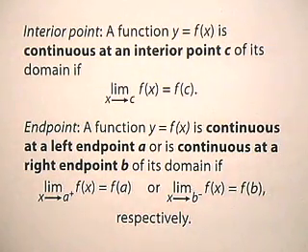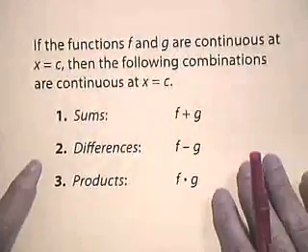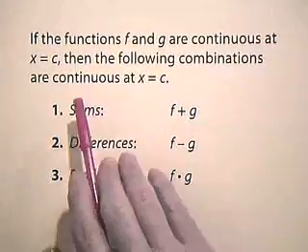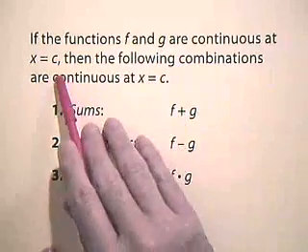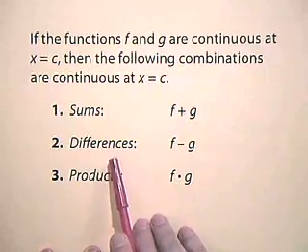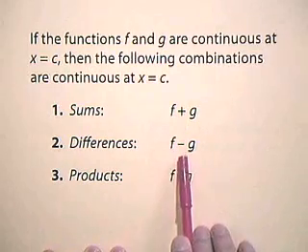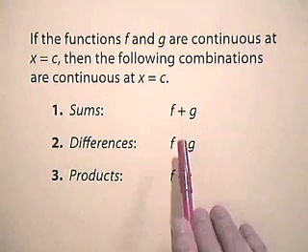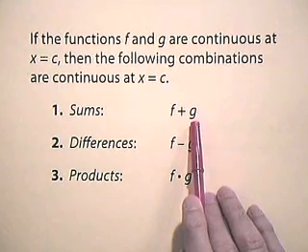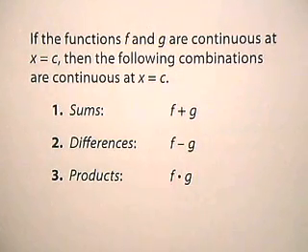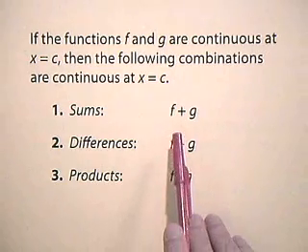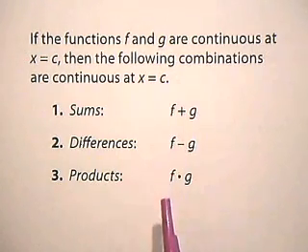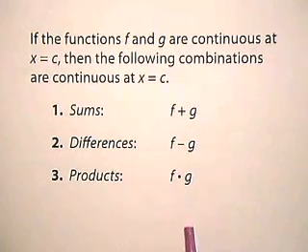Now, with our limit theorems, we can apply them to get the same types of theorems about continuity. For instance, if f and g are continuous at x equals c, then the combinations sum, difference, and product are also going to be continuous, because our sum rule for limits tells us that the sum of f and g will have limit as x approaches c, f of c plus g of c, and likewise for the difference and the product.